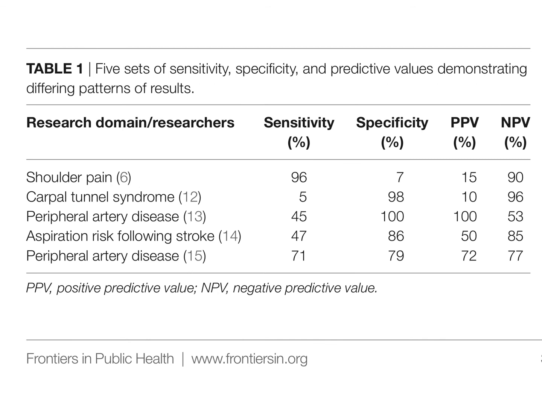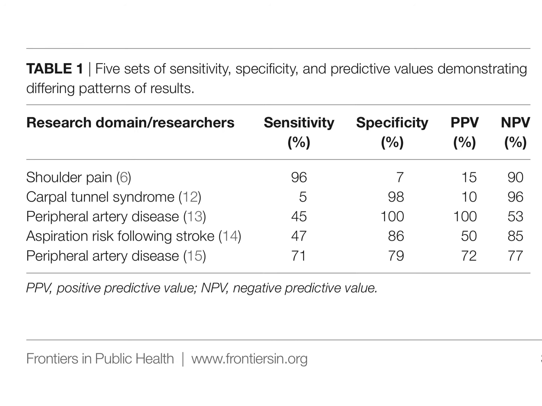In the paper, there's this excellent table going through a series of 5 different screening questionnaires. These are real questionnaires, they're all referenced there. One on shoulder pain, one on carpal tunnel syndrome, 2 on peripheral artery disease, and 1 on aspiration risk following stroke. And you can see that from sensitivity and specificity values, you don't necessarily predict what the positive and the negative predictive values are.